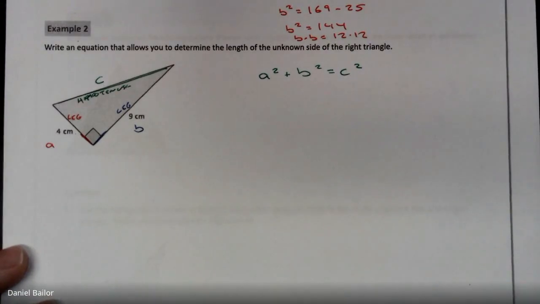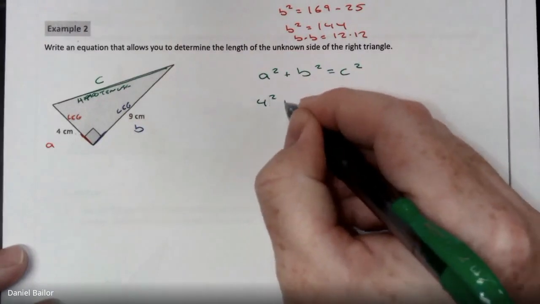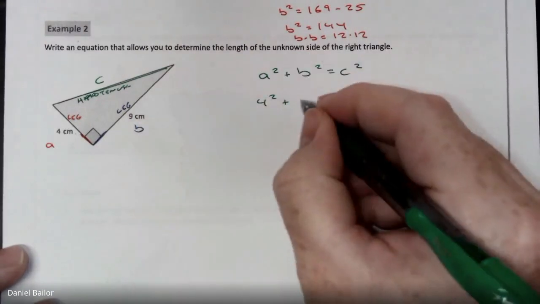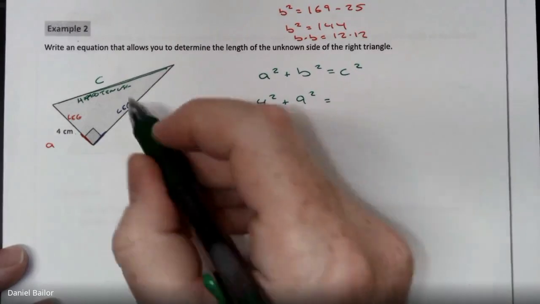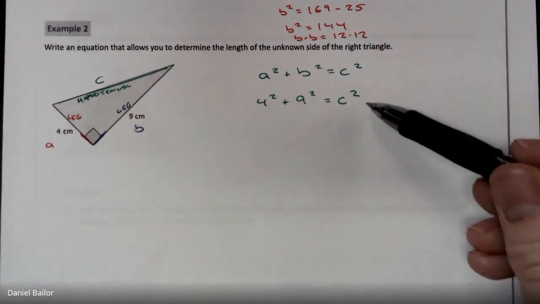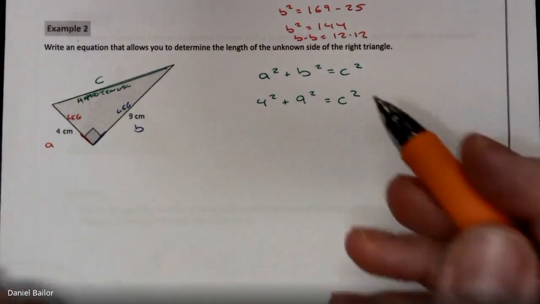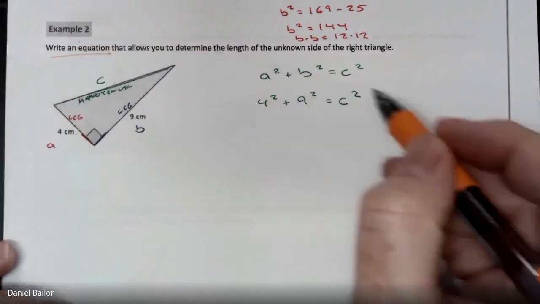So we know a is 4, so 4 squared, plus b, which is 9, 9 squared, equals the unknown c squared. So this is our equation right here. We can actually probably stop right here if we want to, because it just said write an equation.